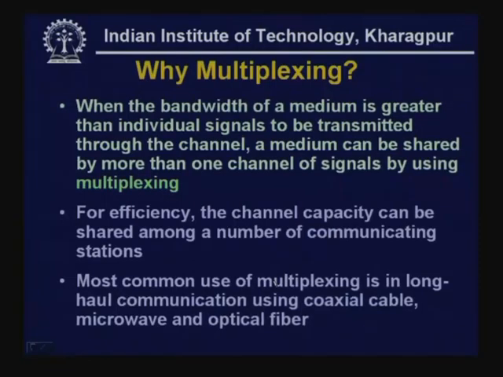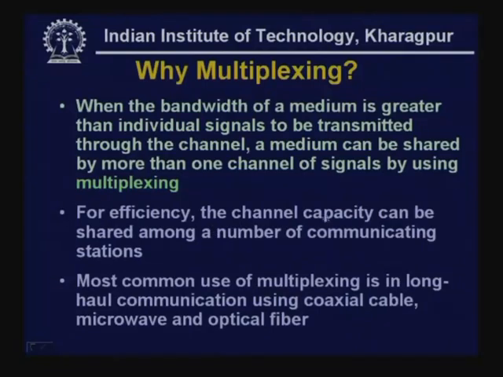How we shall explain. When the bandwidth of a medium is greater than individual signals to be transmitted through a channel, a medium can be shared by more than one channel or signals by using multiplexing. Essentially, we are trying to share the channel capacity or bandwidth of a particular medium by several signals, by several users, and for efficiency the channel capacity can be shared among a number of communicating stations.